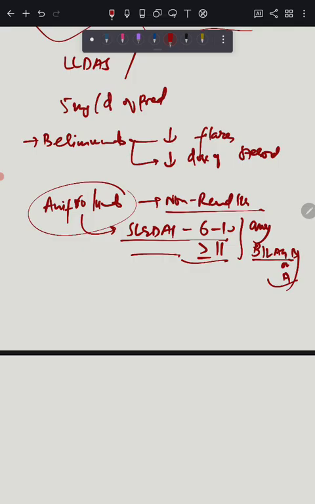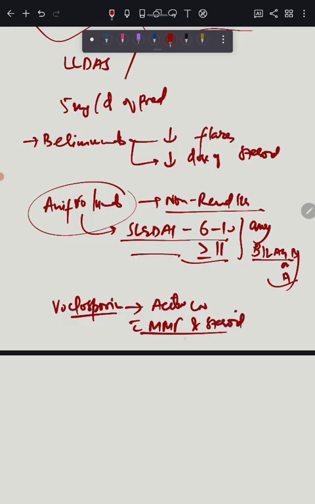Then you have to add anifrolumab. Then there is another drug, voclosporin. Voclosporin is to be given for active lupus nephritis with mycophenolate mofetil. So with mycophenolate mofetil and steroids, this has to be used in active lupus nephritis, and renal remission rates improved versus mycophenolate mofetil alone.